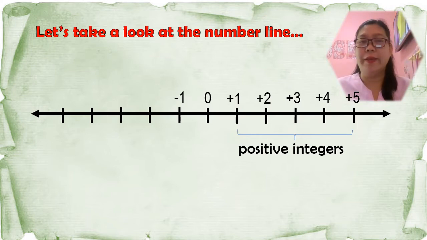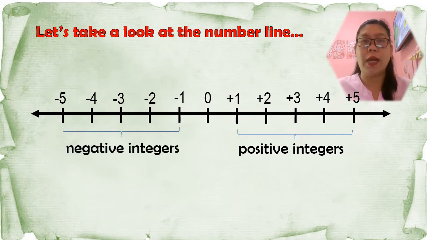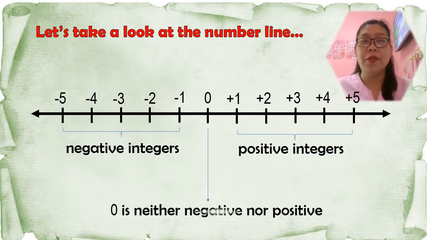On the other hand, at the left of 0, we have negative 1, negative 2, negative 3, negative 4, negative 5, and so on. All the numbers at the left of 0 are called negative numbers. 0 is neither negative nor positive. It has no sign.